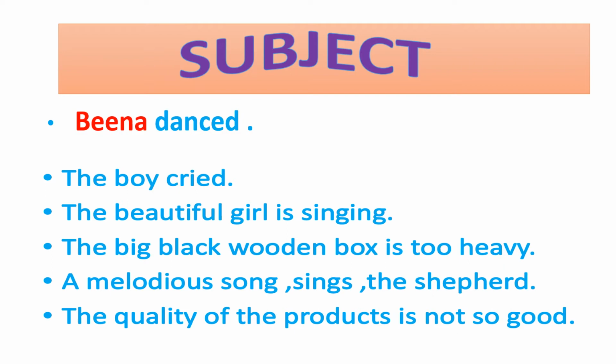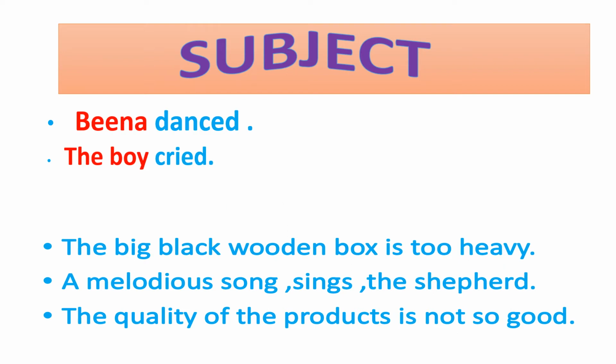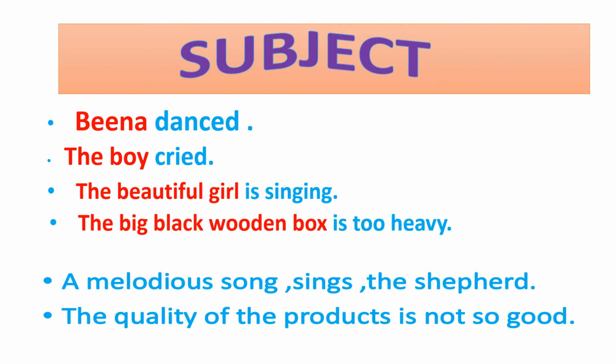What is the subject of the sentence, the boy cried? The boy. What's the subject of the sentence, the beautiful girl is singing? The beautiful girl. Again, what's the subject of the sentence, the big black wooden box is too heavy? No doubt it is the big black wooden box.